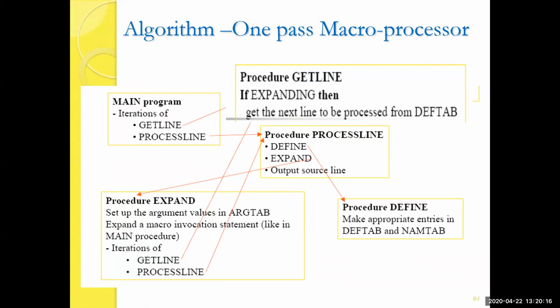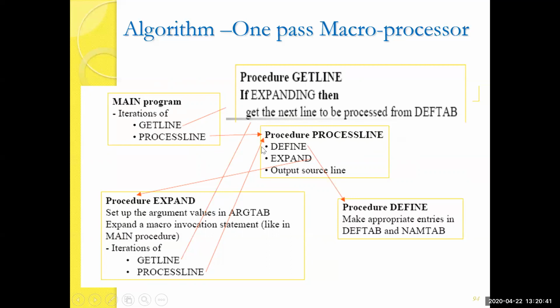In other words, a name would appear in the name table only if the macro definition had been encountered earlier. So if the process line procedure finds the name of a macro in the name table that appears as the opcode for the instruction currently processed, then it calls the procedure expand because the statement indicates a macro invocation.